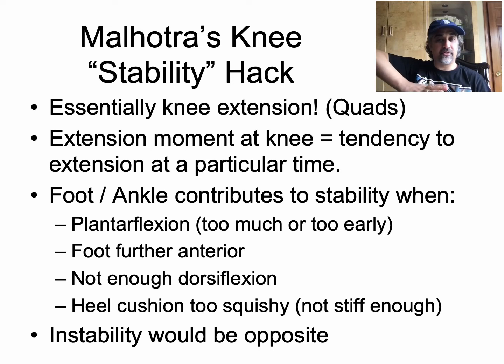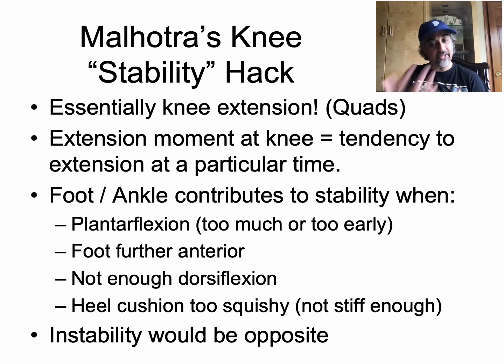Then that's going to promote stability at the knee. Also, if you don't have enough dorsiflexion, which is the opposite of plantar flexion, then you're going to have stability at the knee. And if your heel cushion is too squishy, then that also is going to cause stability at the knee, more of an extension moment.